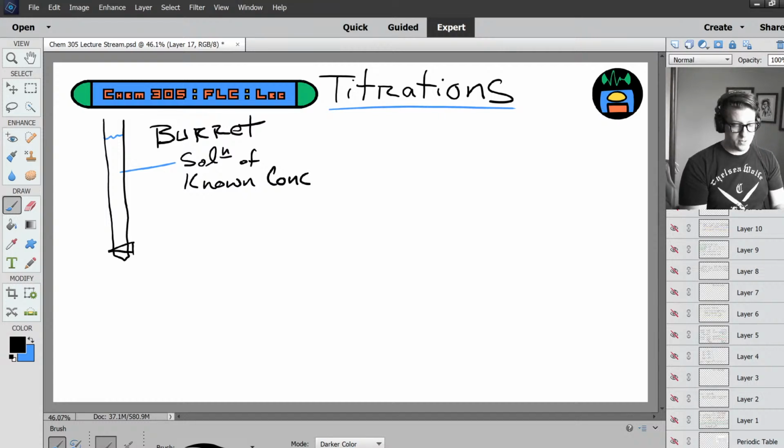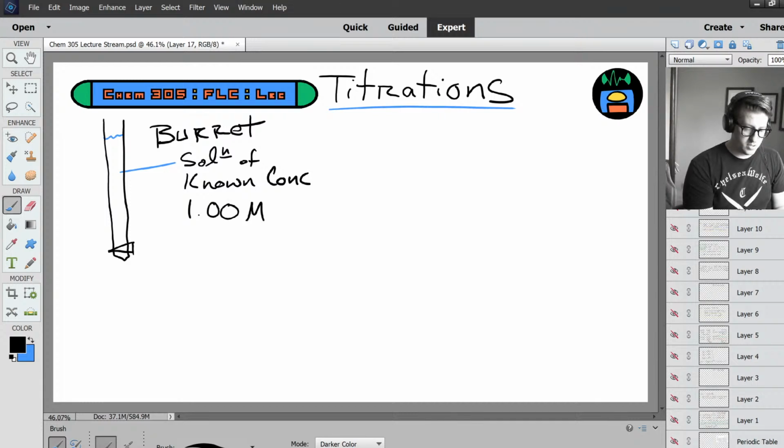For example, let's say that we have a solution of 1.00 molar sodium hydroxide filling up our burette.